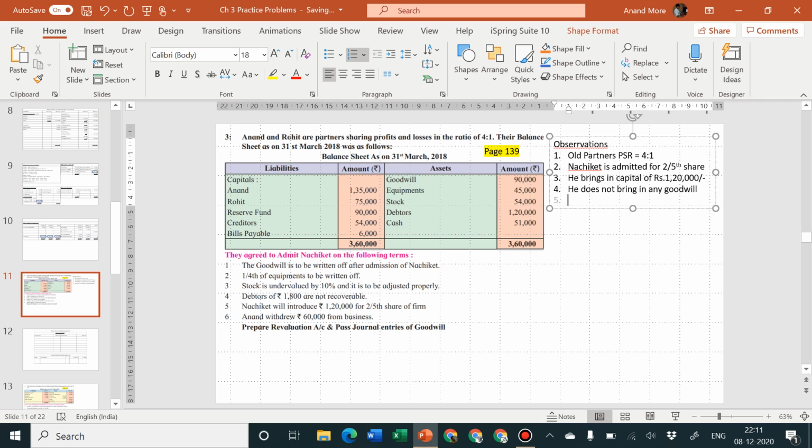Next, the balance sheet already has goodwill which is expected to be written off.